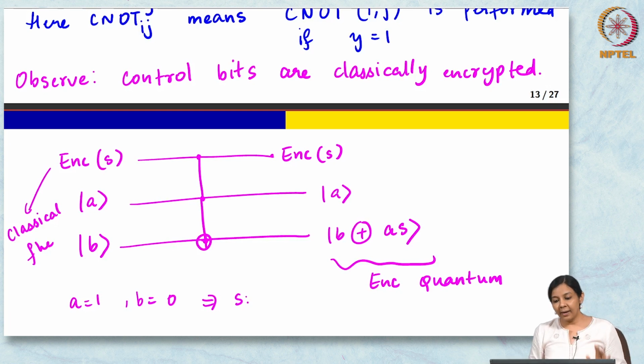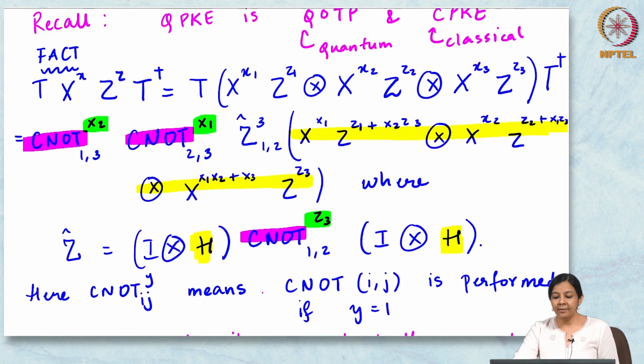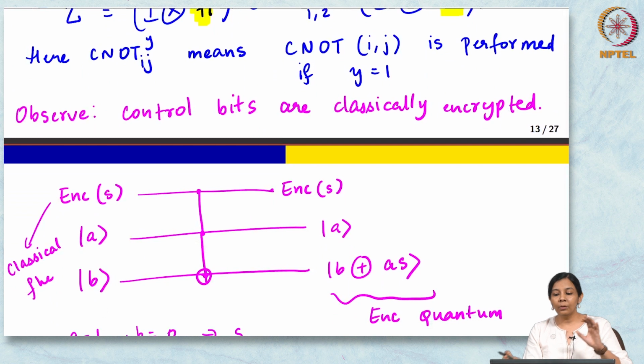So, let us just take a step back. I hope that things were clear. We stared at this big expression and observed that the control bits of these gates are all classically encrypted. So, without doing a very careful proof, we at least intuitively concluded that it suffices to compute this particular gate, where I have the control bits as encrypted, and I compute this C naught over here.